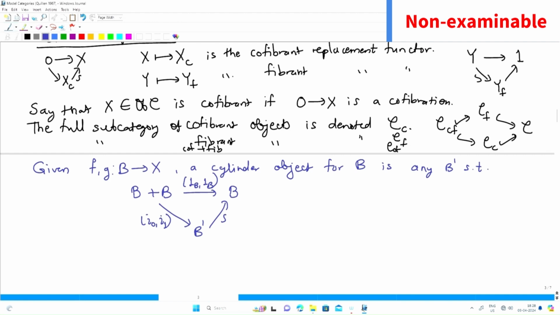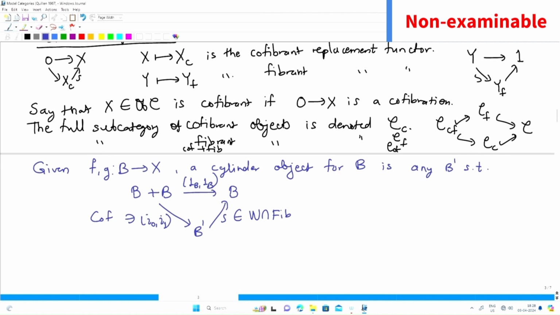Okay, so here what I need is that this is a cofibration, and this is a weak fibration or acyclic fibration. People also call it the trivial fibration. So there is a factorization like this.